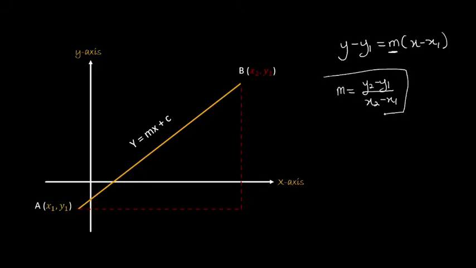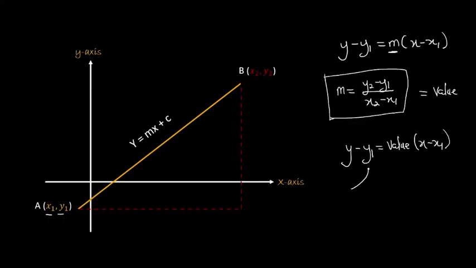So if you use this in calculating the gradient, the value you obtain over here, you substitute that value into the expression y minus y1 equals, then you have that value over here, which is the gradient, times x minus x1. Already you have your x1 and y1 here, so you substitute them over here respectively, and then you find your equation of that particular straight line.